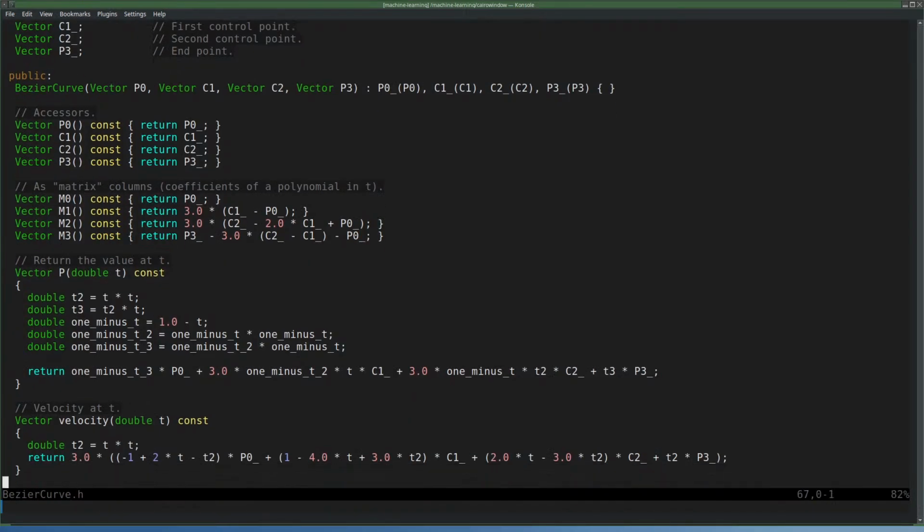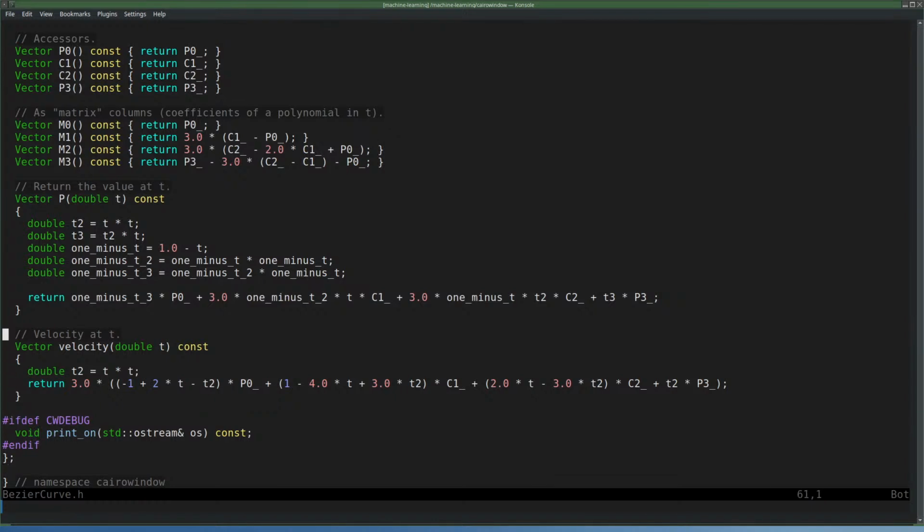So I'll leave it at this. You can get the velocity. The velocity isn't even very interesting for me. Let's say our Bezier curves are used, for example, for camera movements.